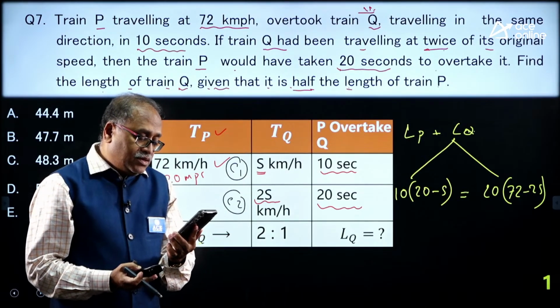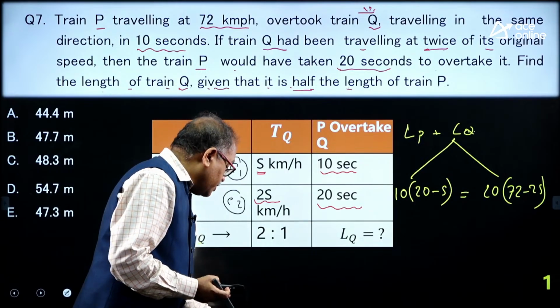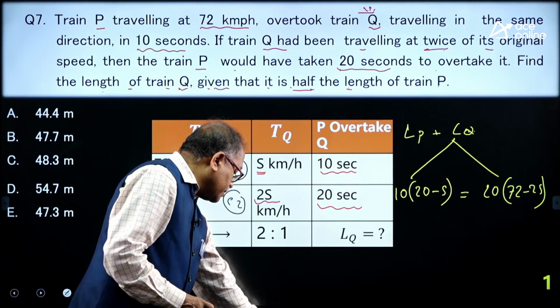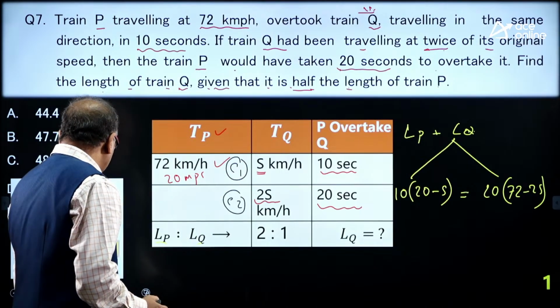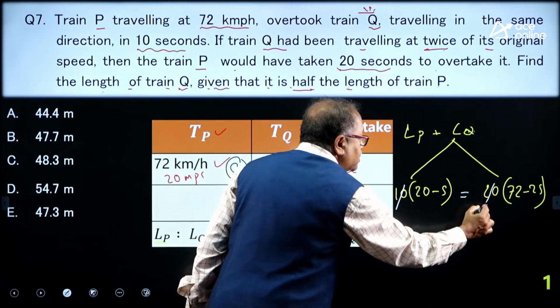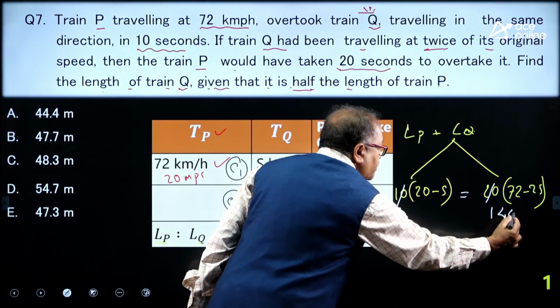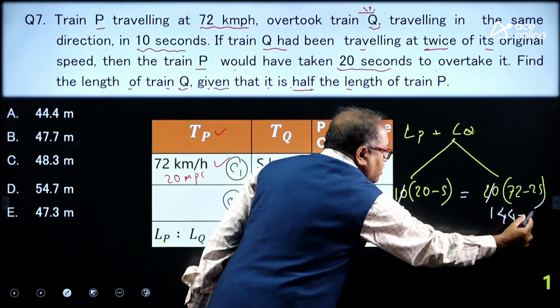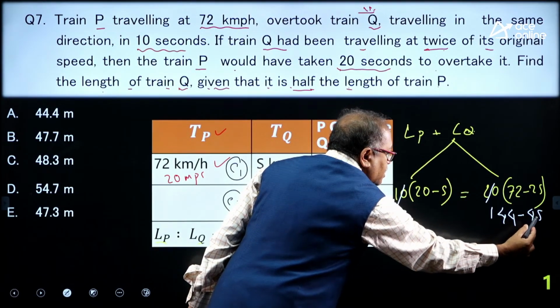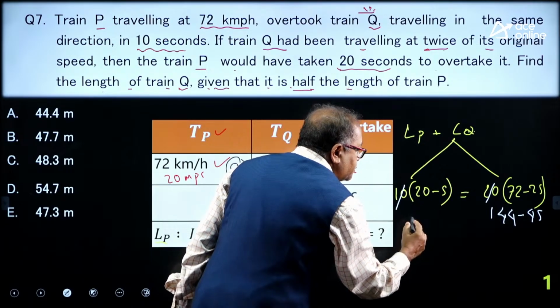Anyone answered it? What is it? Okay, am I giving less time to you people? Here I notice that this gets cancelled 2 times, 72, that is 144 minus 4s, and here the s comes over here.